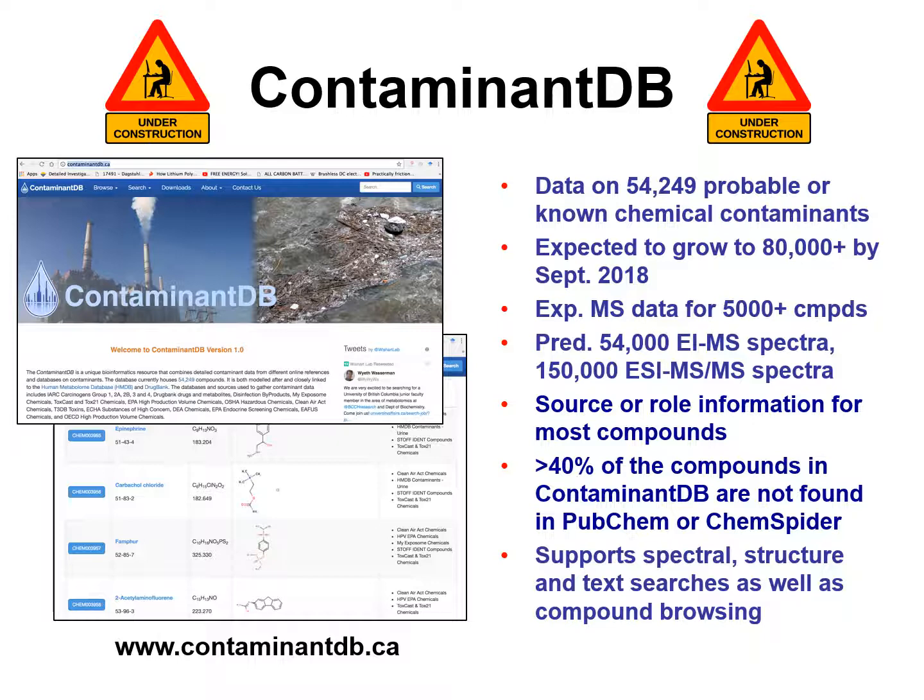The database is growing. Right now we're close to 80,000 compounds. We have lots of predicted spectra for this. It's under construction, and one of the surprising things is that most of the compounds in Contaminant DB are not in any database.